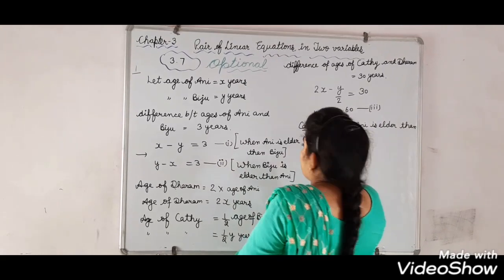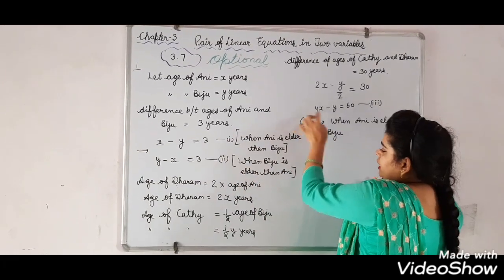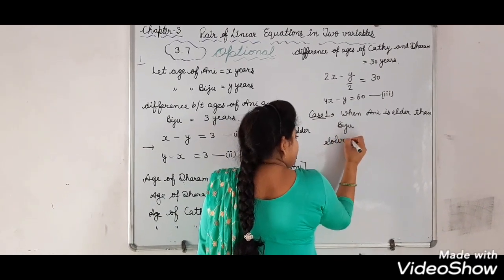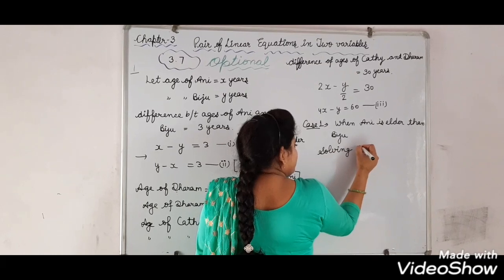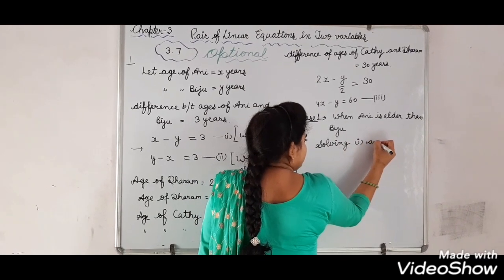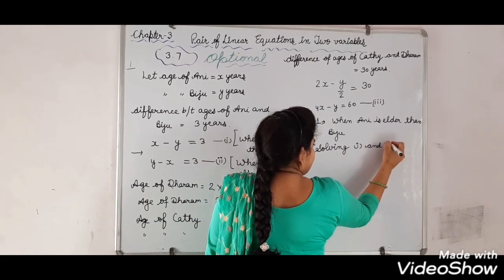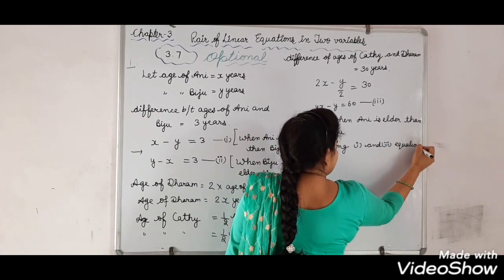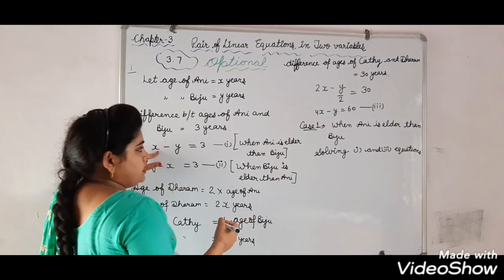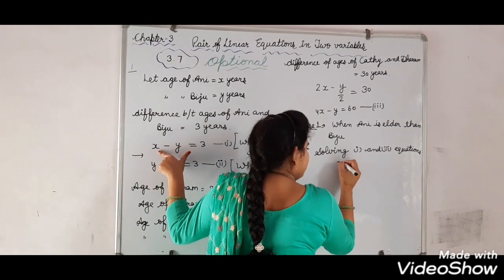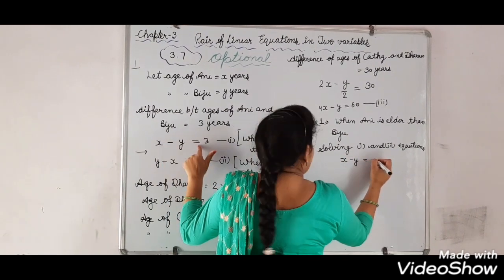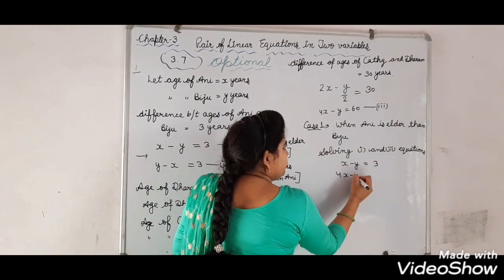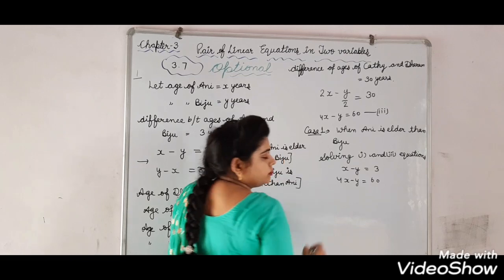In this case, we will solve first and third equations. First is x minus y is equal to 3 and third is 4x minus y is equal to 60.